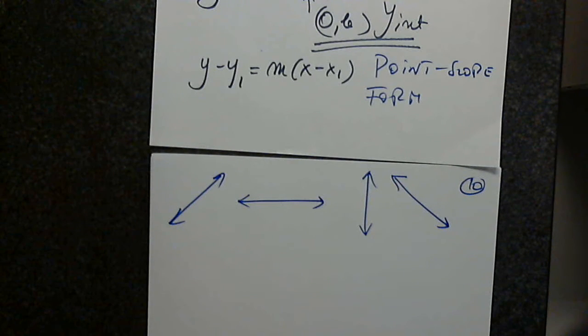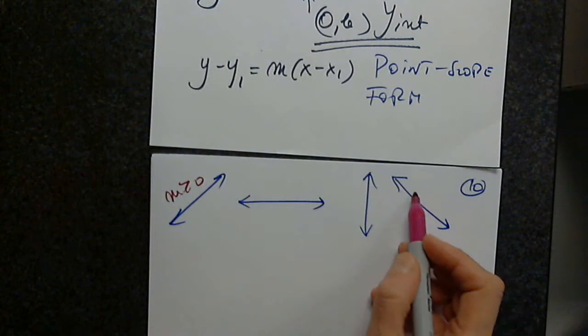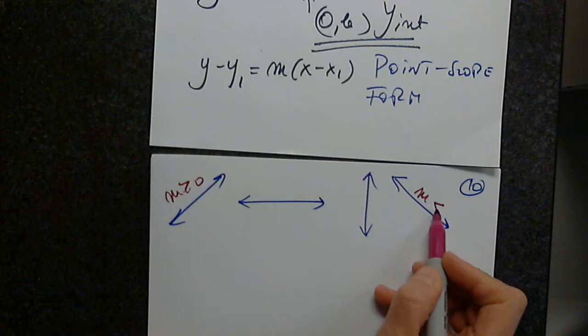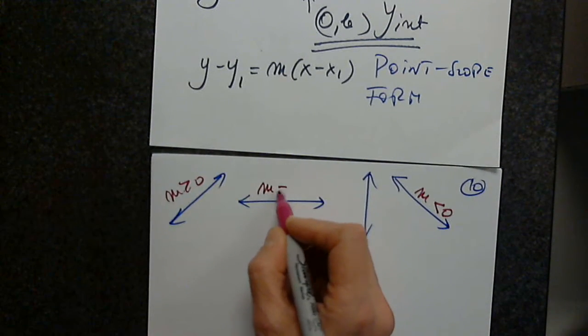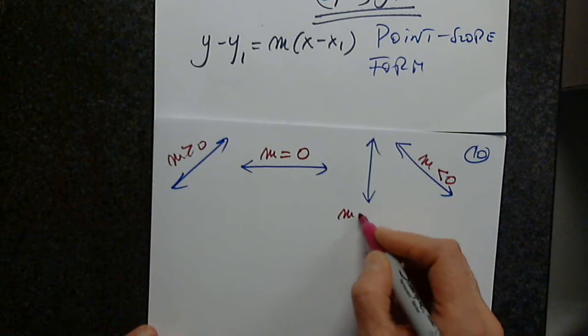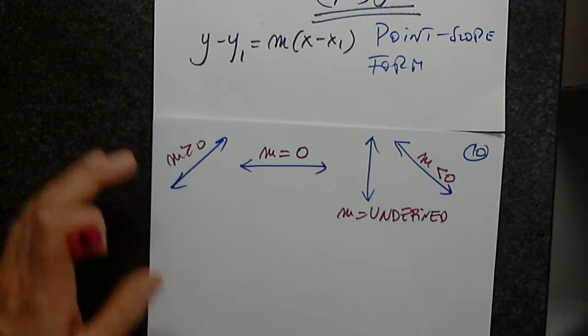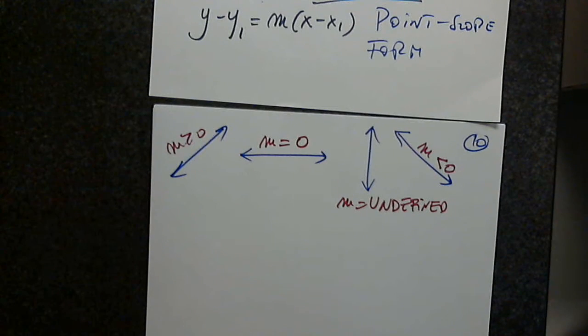So the slope is positive. Then obviously here the slope is negative. Good. The slope here is, yes, 0. And the slope here is undefined. It does not exist. Slope of a vertical line does not exist.